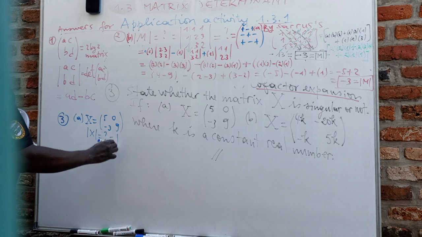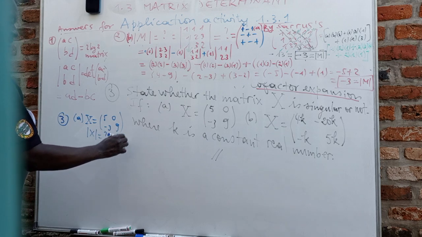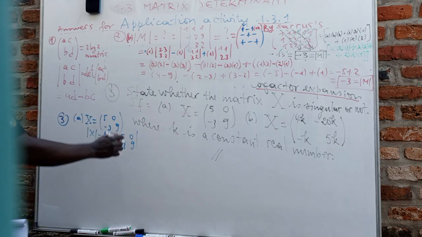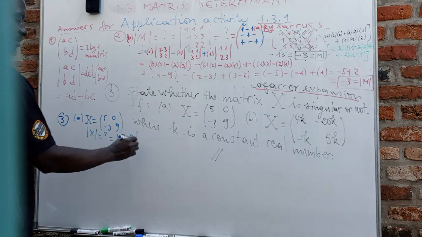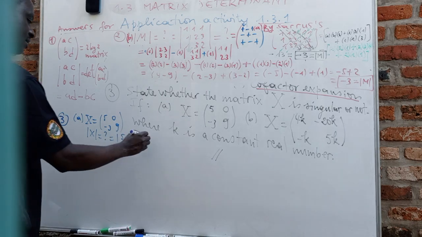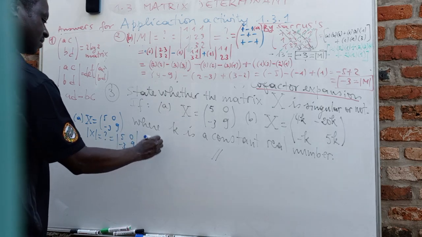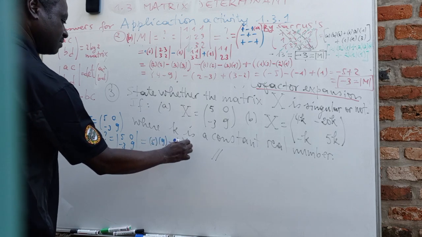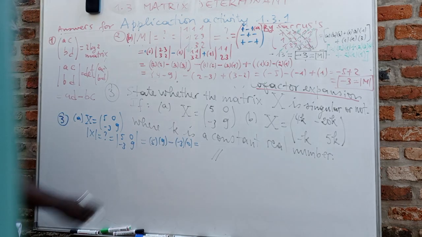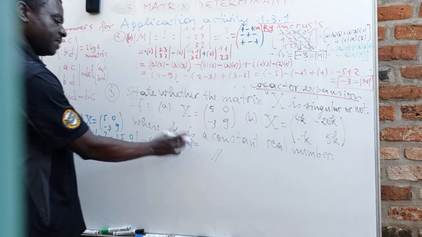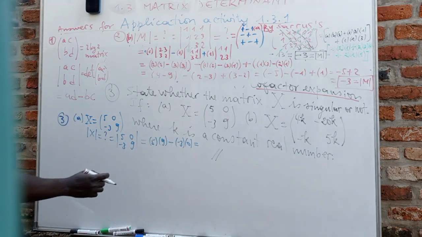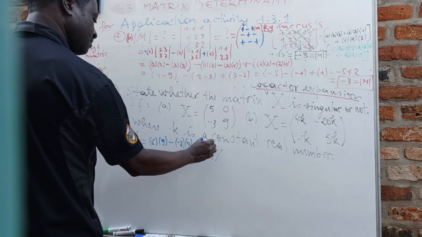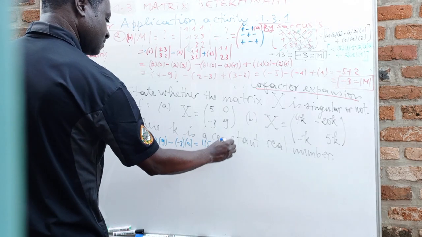It is a 2 by 2 matrix, so I take the product of the main diagonal minus the second diagonal: 5 times 9 minus negative 3 times 0. Of course, 0 is absorbent for multiplication, so that gives 0. We have 45 minus 0, which is 45.